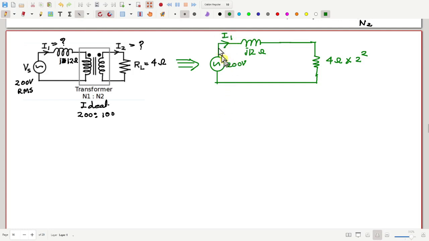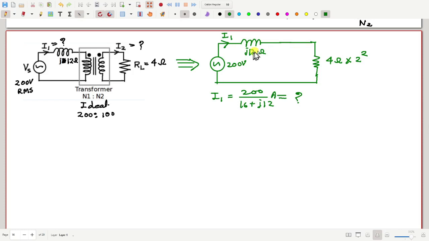How much will be I1? That will be 200 by 16 plus j12 ampere. You can find out how much this is.